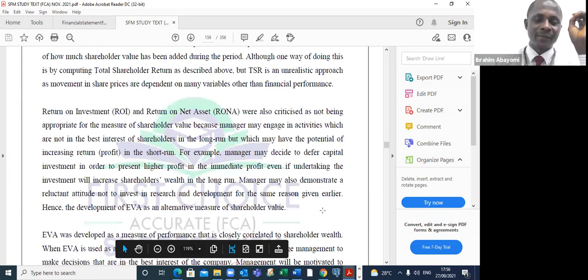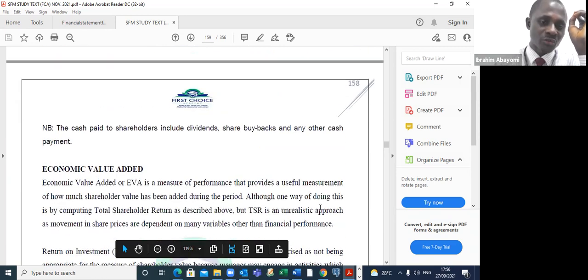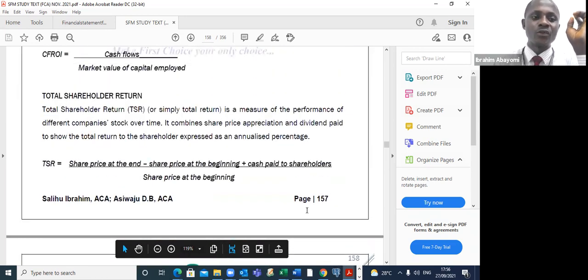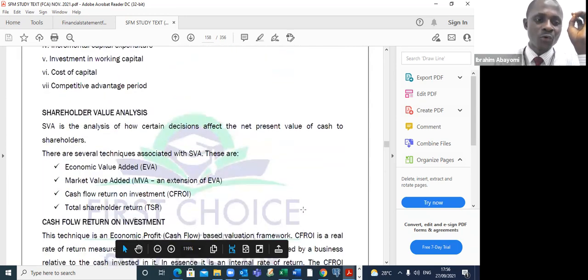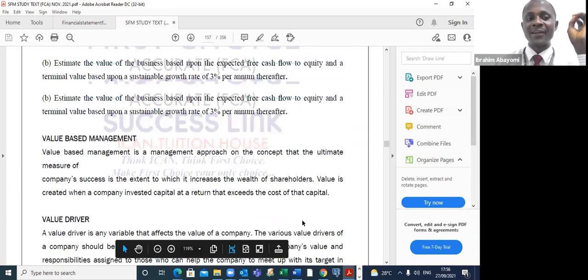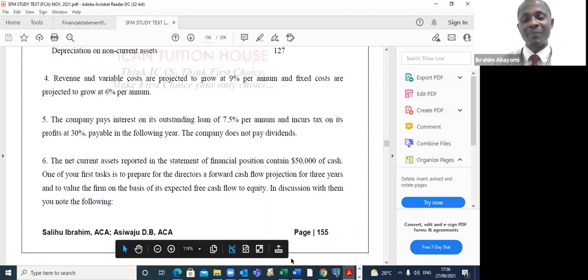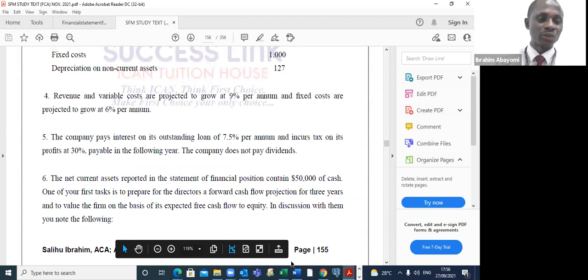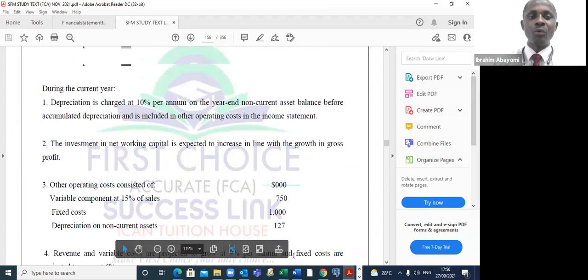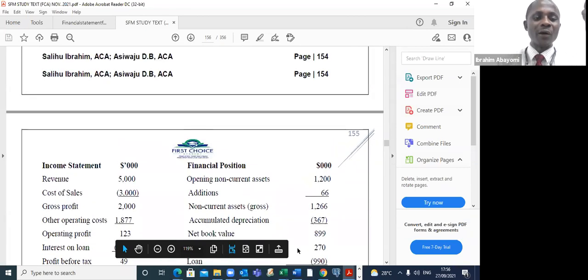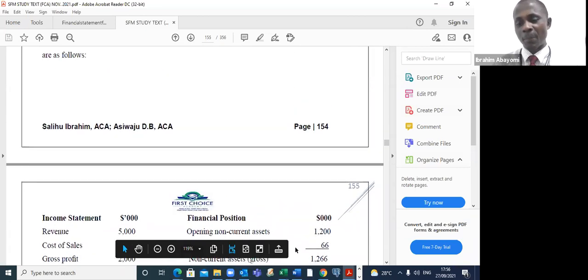That is what we call business valuation. If I have a company and I want to know the worth of my company, what will I do? I will value the business. I will value my company. So the process of getting the market value of my company is the business valuation that I will do. What about if I want to get just the market value of my company's equity, not the total market value this time around?